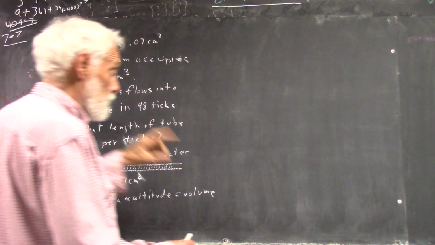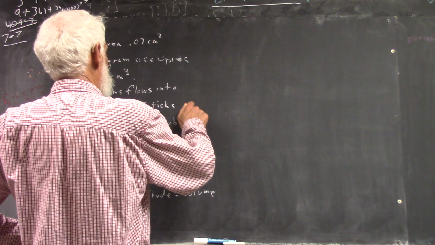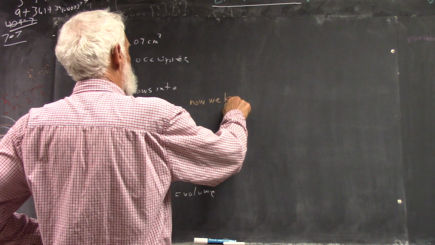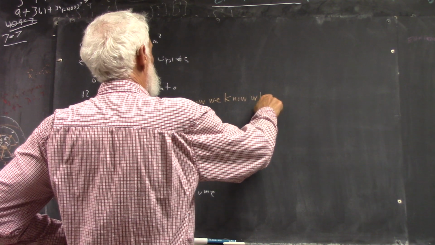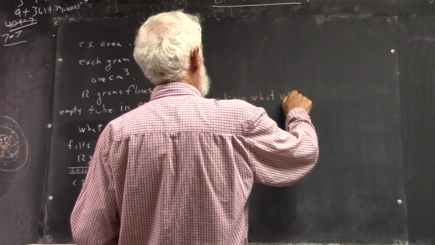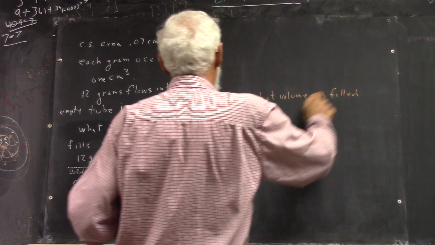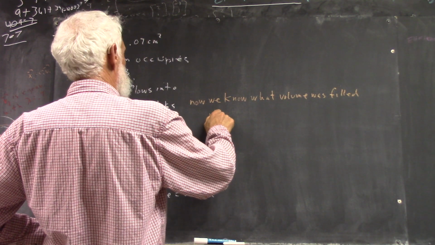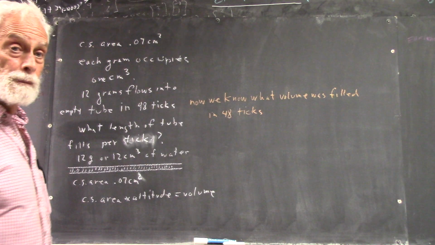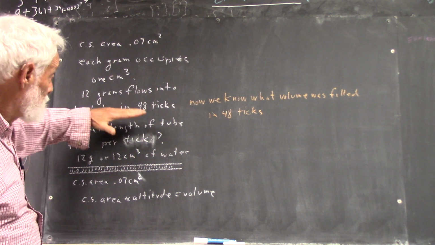At this point we can see now we know what volume was filled in 48 ticks. At this point we know something. Okay, so we can kind of say, right now I know something.